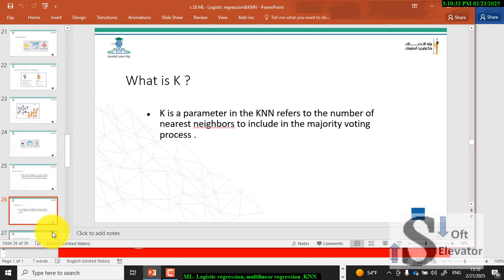In the KNN, K nearest neighbors refers to the number of nearest neighbors to include in the majority voting process. So it depends on the majority voting. If the voting is increased, it will go to the side of increased voting on this feature.